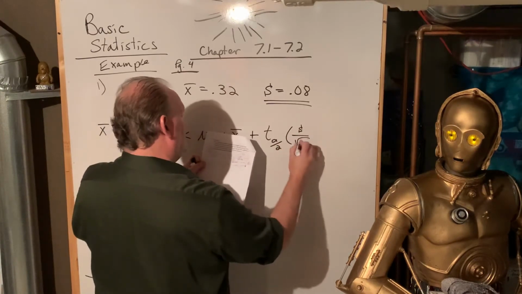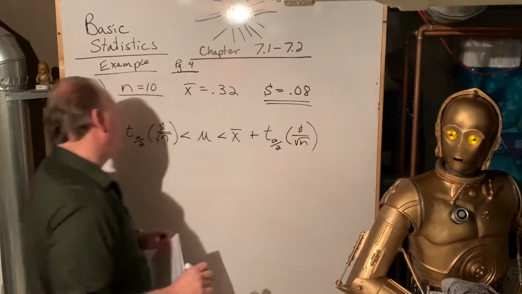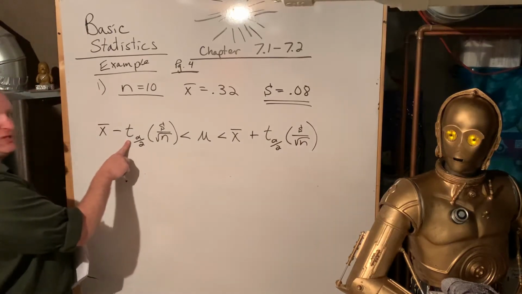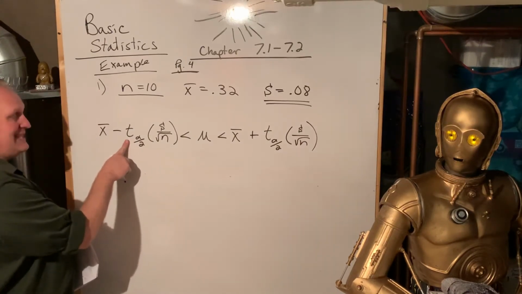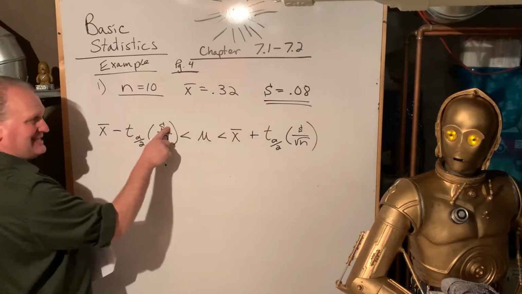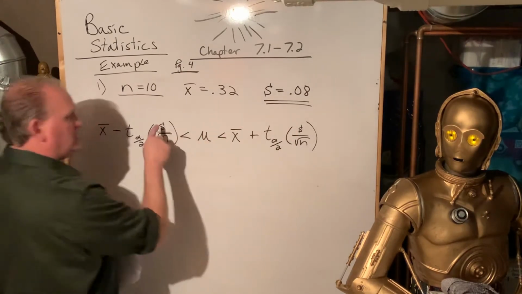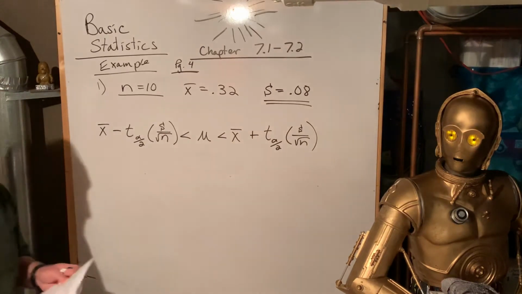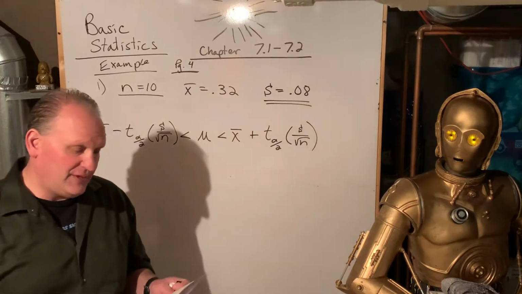There are just two tiny little differences. T is substituted in for Z, so we're going to use a T score, not a Z score. And s is there instead of sigma, because we don't have the standard deviation of the population.